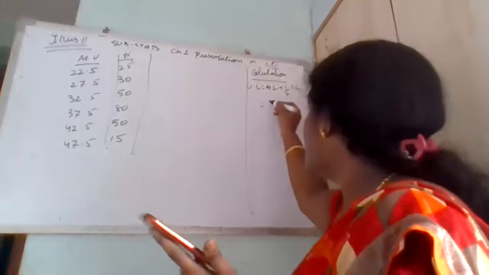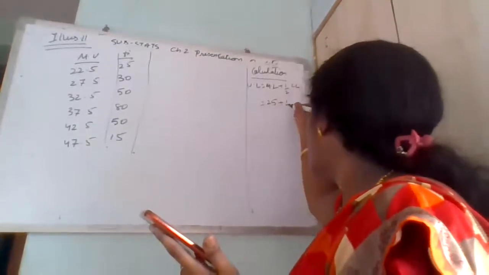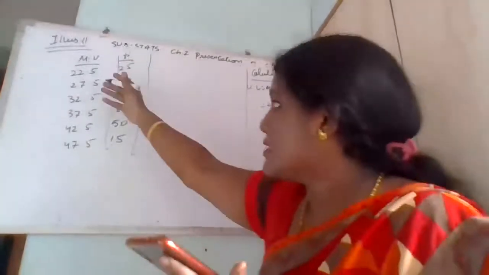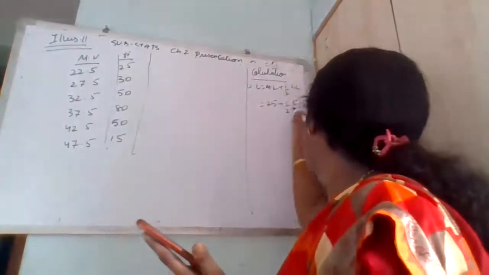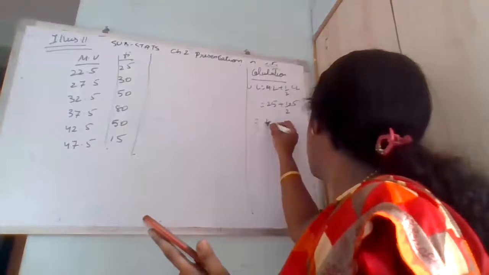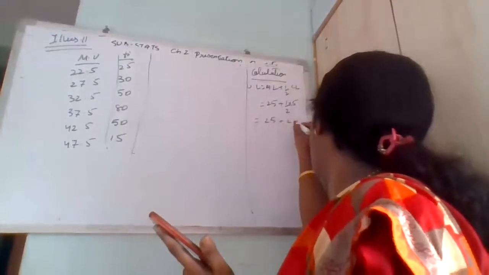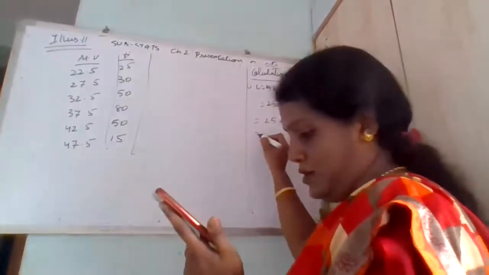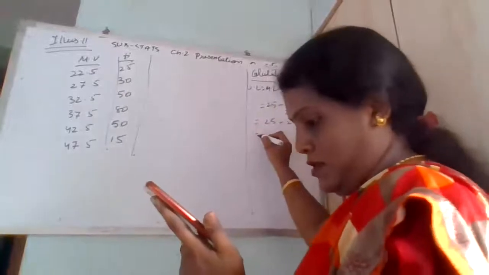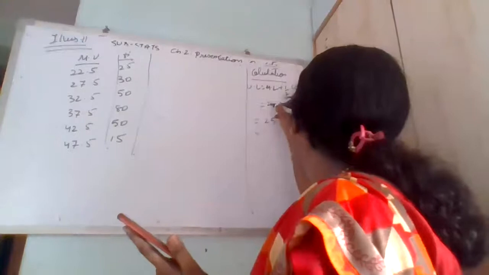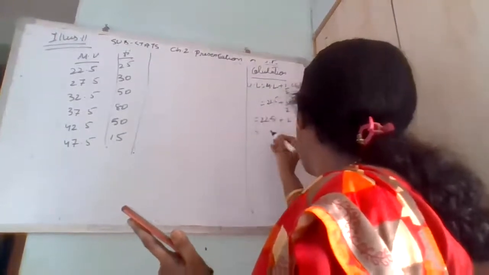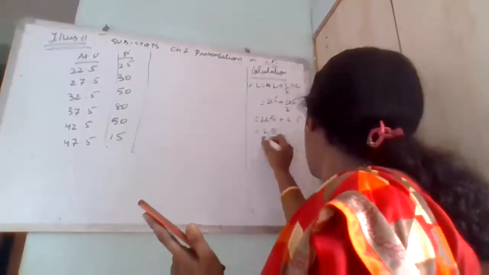So mid value is 22.5 plus half into the class difference. What is the difference? Difference is 5. That is 22.5 plus 2.5. That comes to 25.